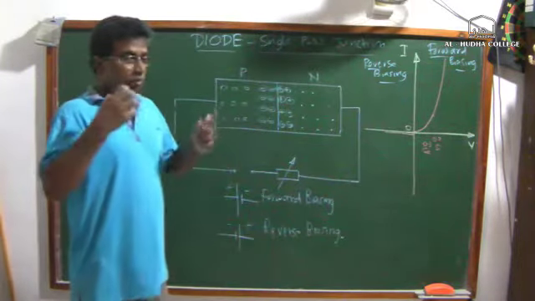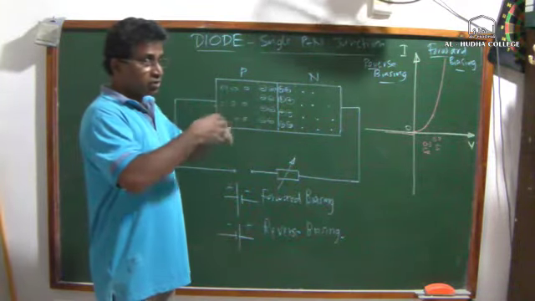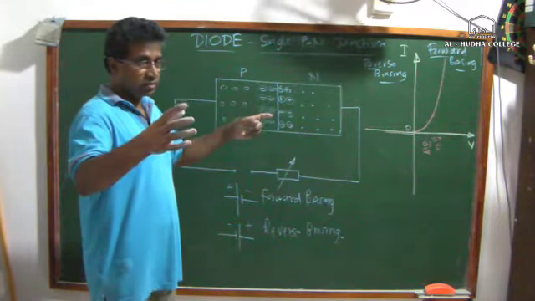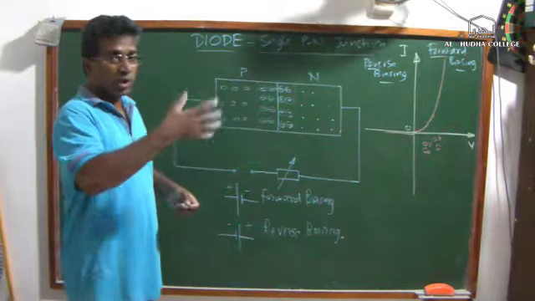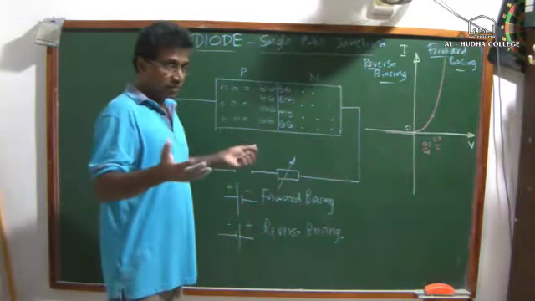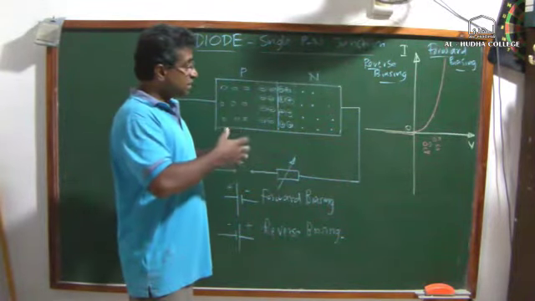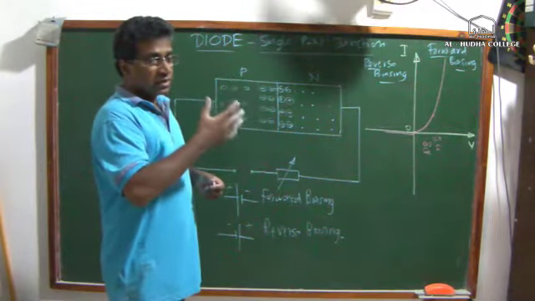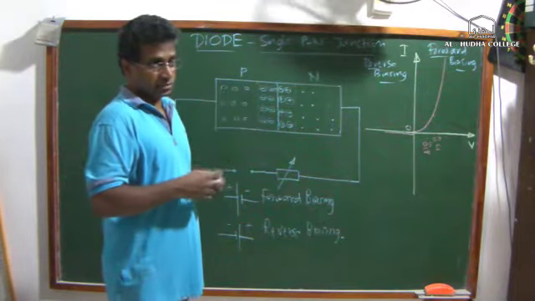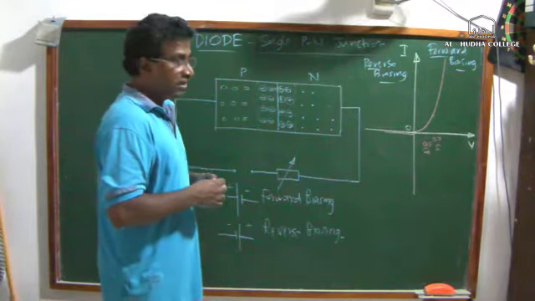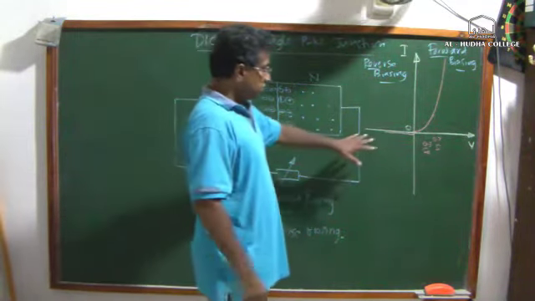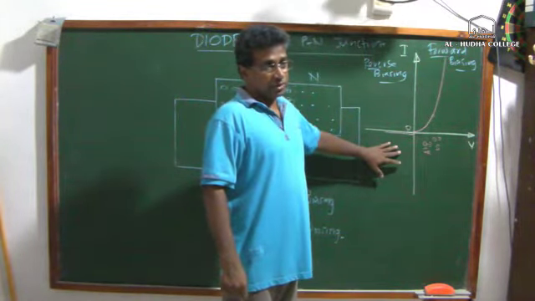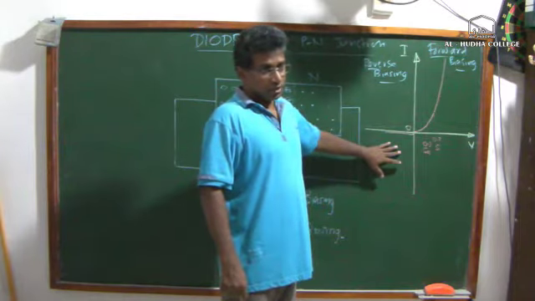Because of that bombardment, further electrons will escape. Because of the impact, more and more electrons escape, and that suddenly creates a flow of current. But the problem is, this is something called an irreversible situation.